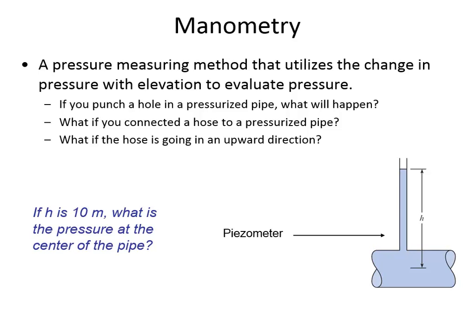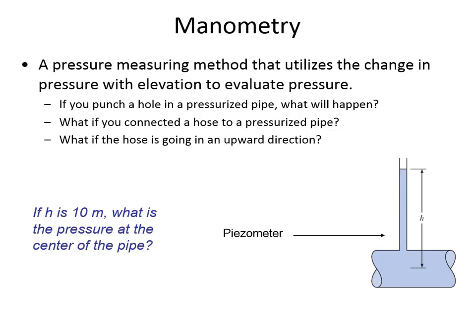newtons per meter squared. So if we were going to use a piezometer to measure the pressure, like to make sure if maybe it was a little low or if the pressure was too high, how tall would that piezometer have to be to measure the pressure in a pipe where typically the pressure is 500,000?